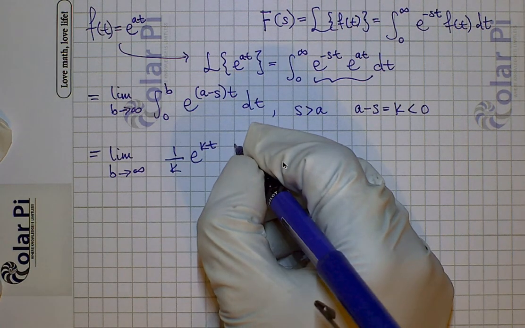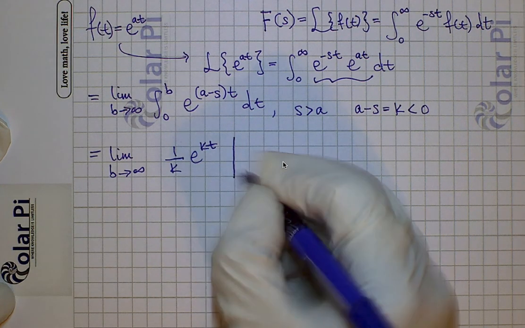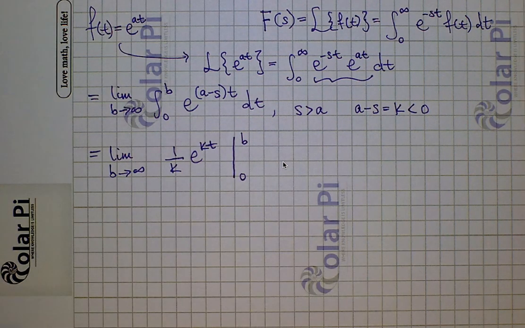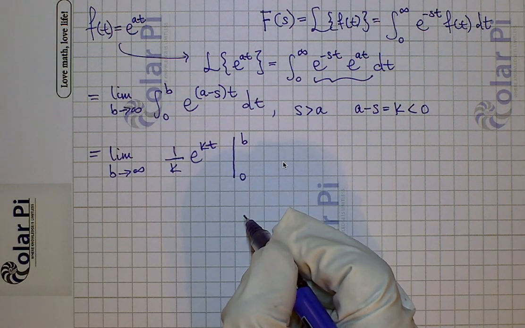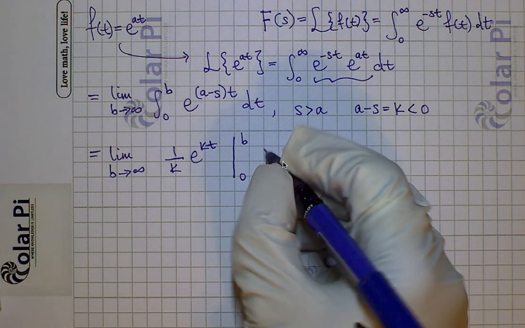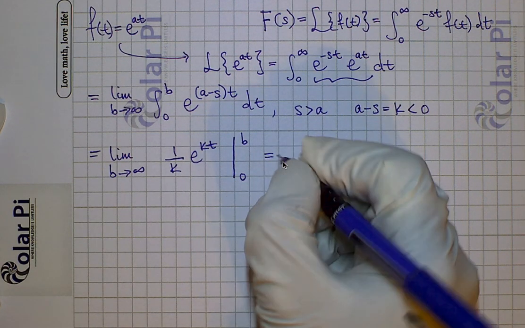And now we have to evaluate at 0 and b and take the difference of the value at b and the value at 0 of this quantity before we send b to infinity, but you know that from calculus.